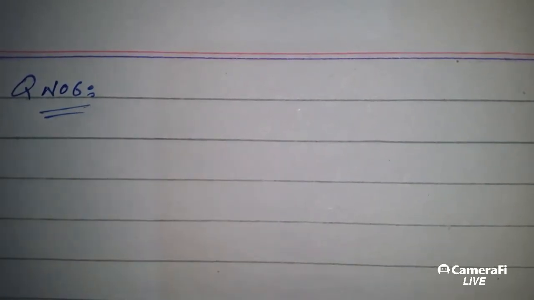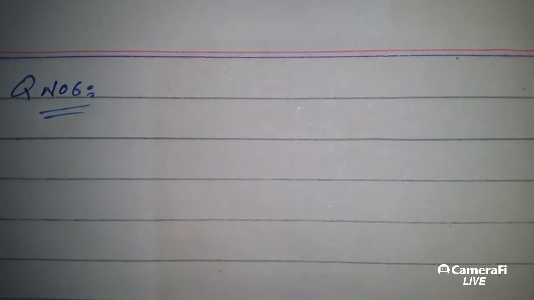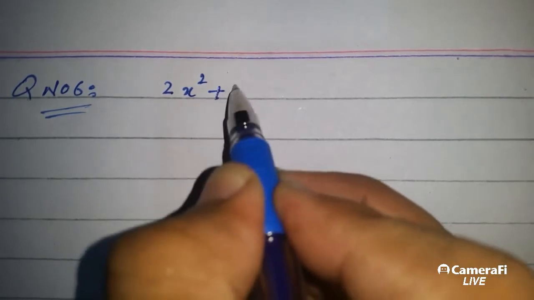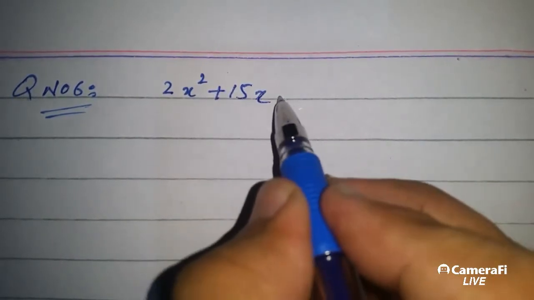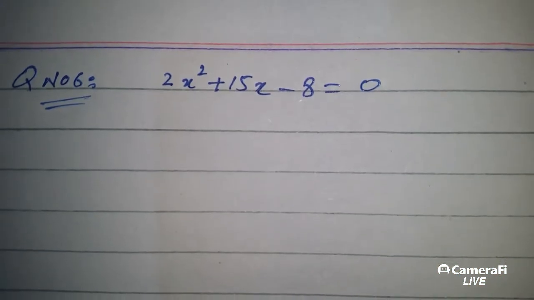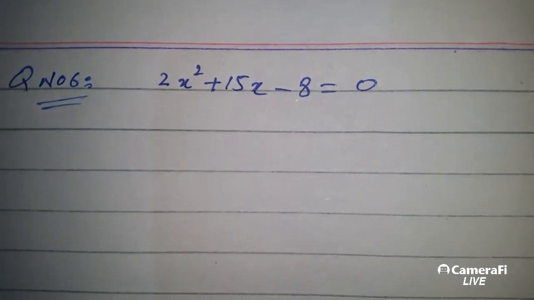The question that we should start with is question number 6: factorization by midterm breakage.